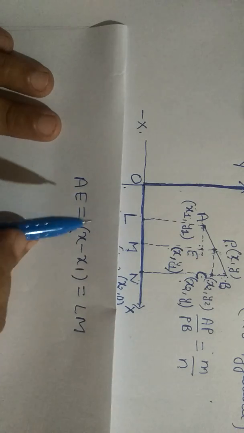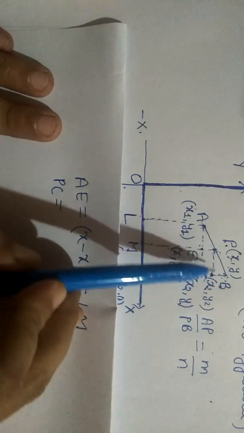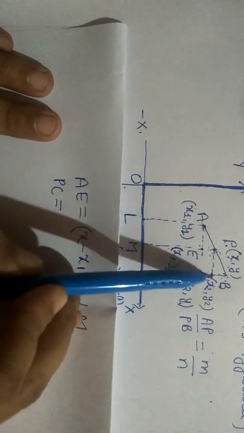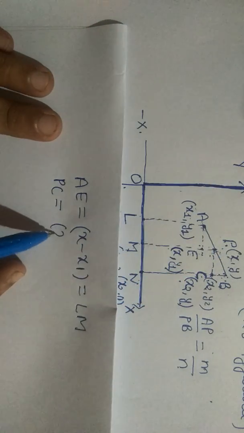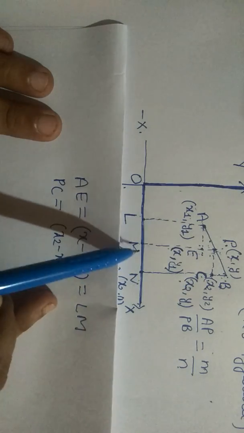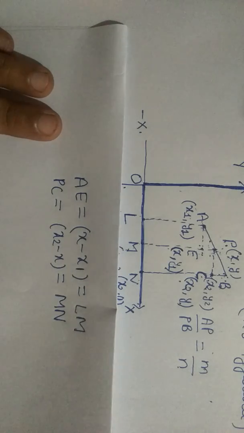Similarly we will find out the length of PC. PC is again the distance traveled on x axis, so the distance between P and C point will be x2 minus x, okay. x2 minus x, as PC is parallel and equal to MN, okay. So it is equal to MN.